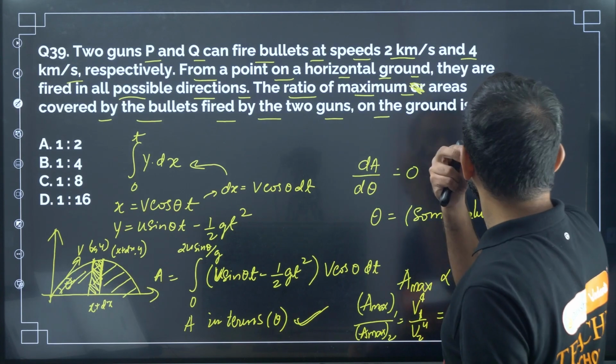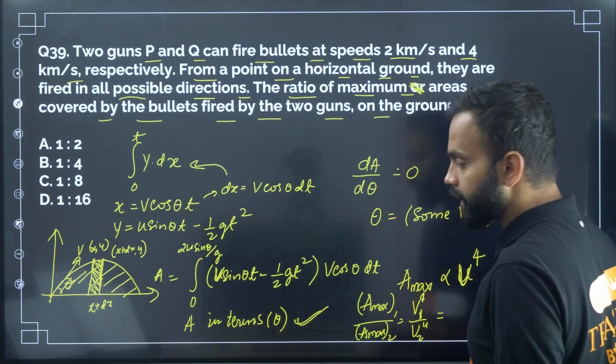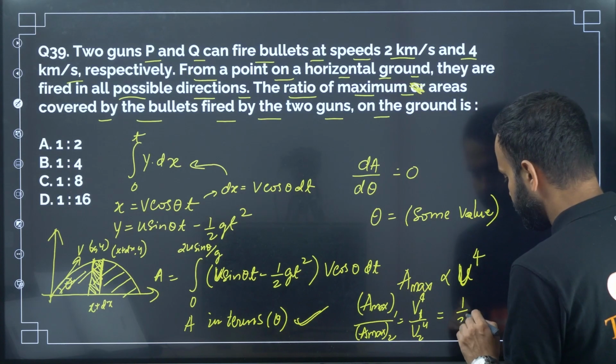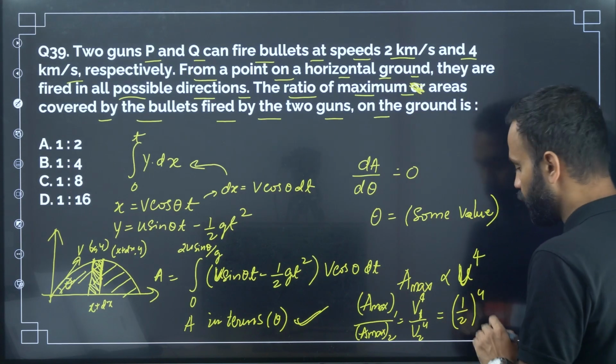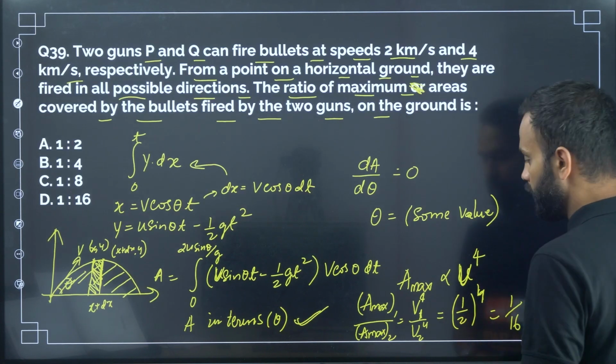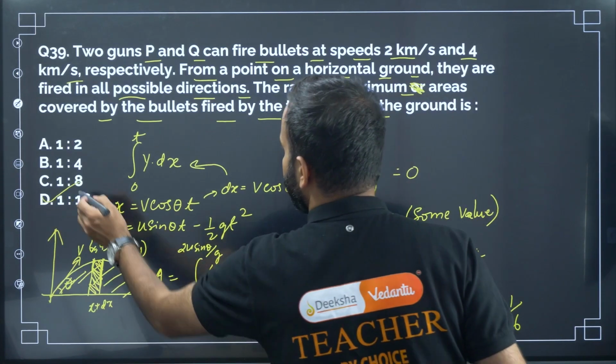V1 is 2 km per second, V2 is 4 km per second, so 2 by 4 is 1 by 2. So 1 by 2 whole to the power 4 is equal to 1 by 16. So the correct answer is D.